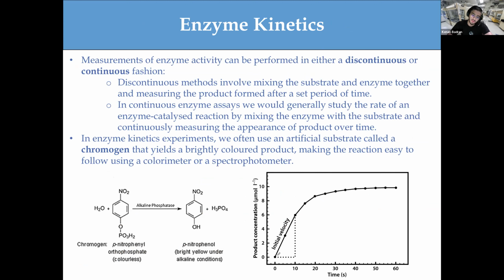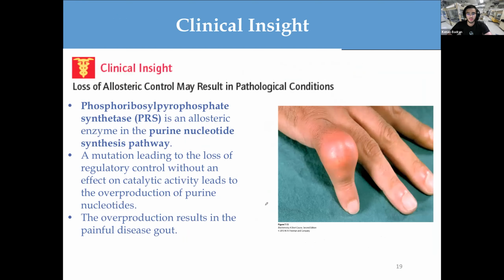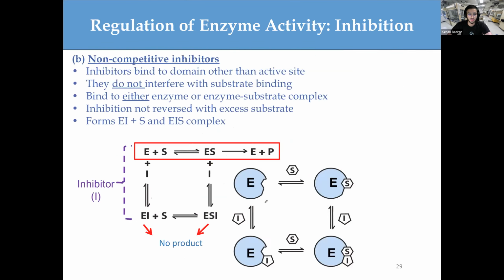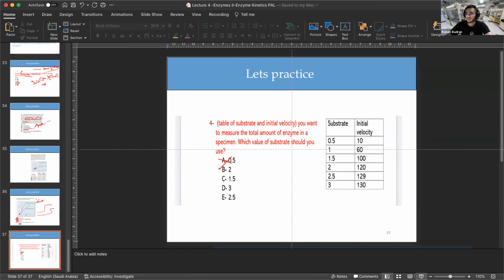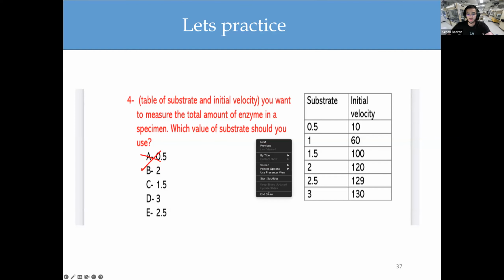Once you've given the substrate, within a short period of time, the highest amount of product is produced. So if we go to the question, we want to see what do we do to see the speed? We give you as much substrate as you can and see how far it goes.